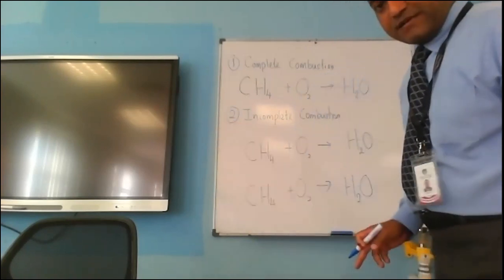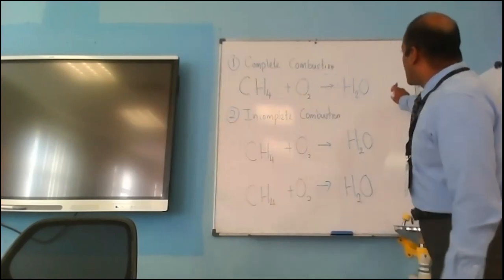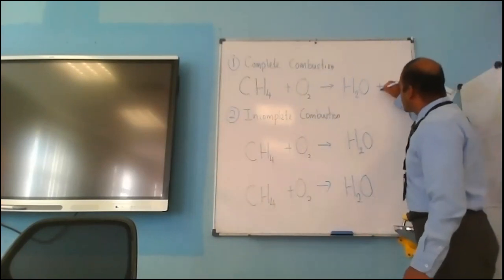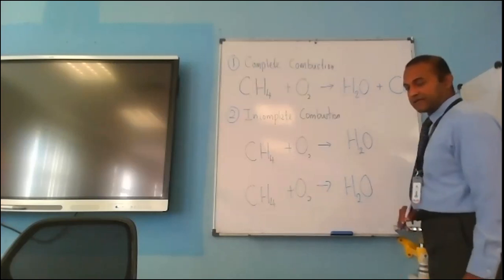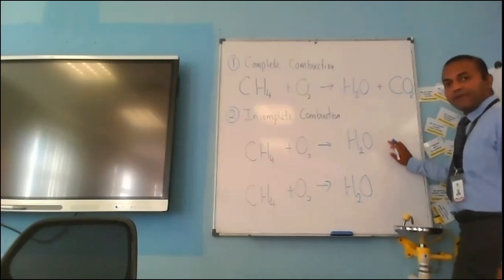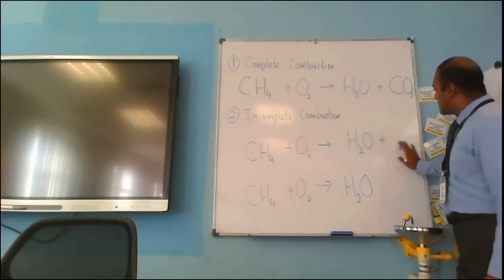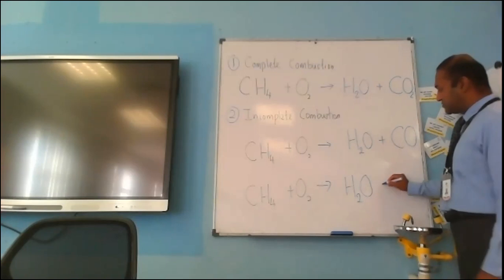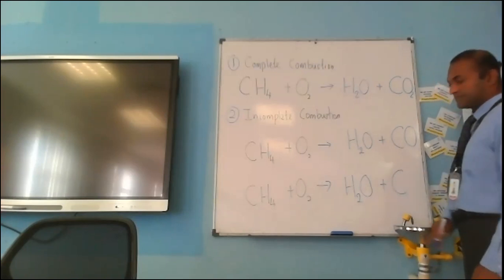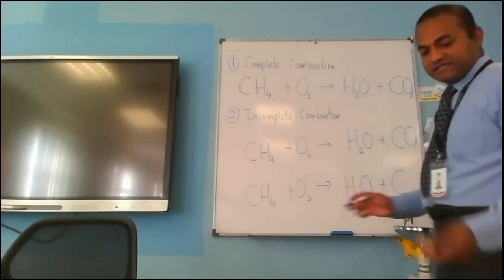So the next product, which is a bit different: for complete combustion, we produce carbon dioxide. In an incomplete combustion, we can produce sometimes carbon monoxide, sometimes we also produce carbon. Okay, so now we have to balance this.